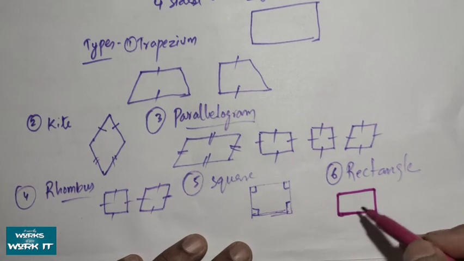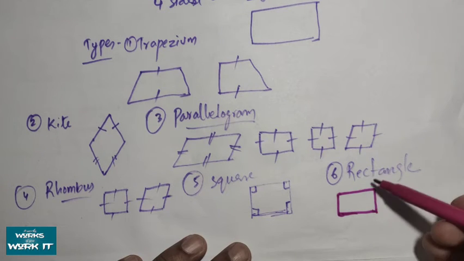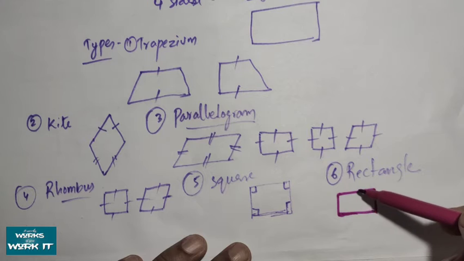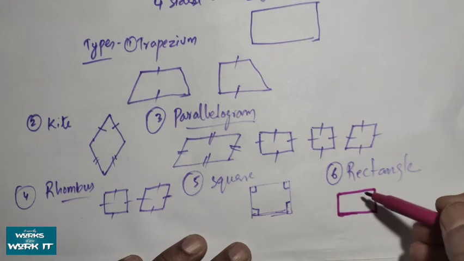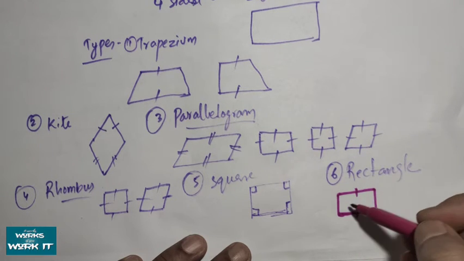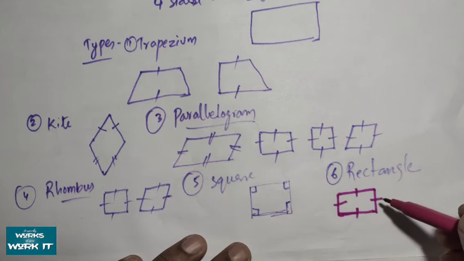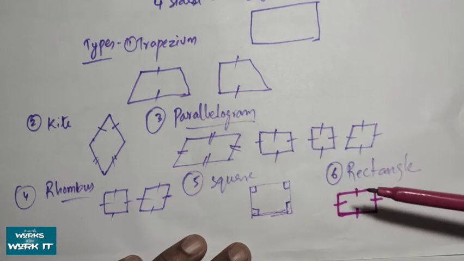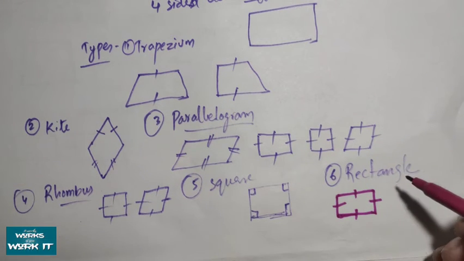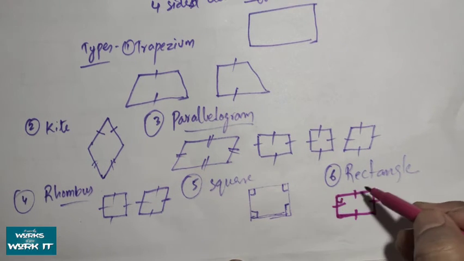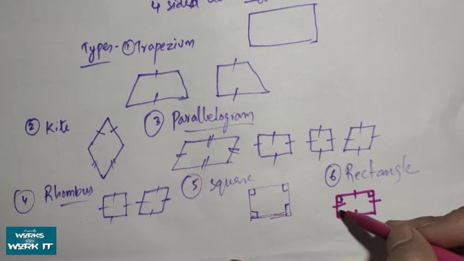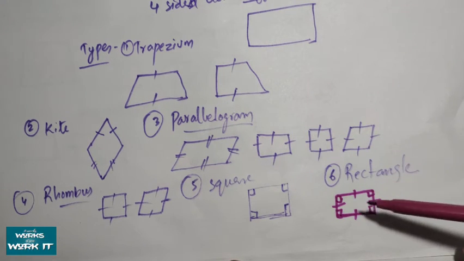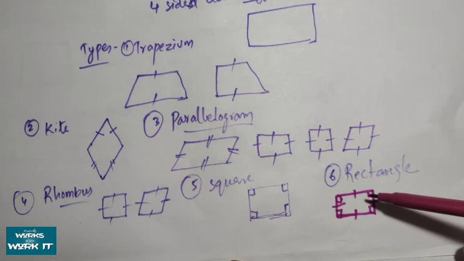And the definition of the rectangle is that two pairs of opposite sides are parallel and two pairs of opposite sides are equal to each other. That means this one and this one are equal and parallel, and this one and this one are equal and parallel. So till now we have the same definition for parallelogram and rectangle, but if I talk about only the rectangle, how much does its corner angle have to be? 90 degrees.